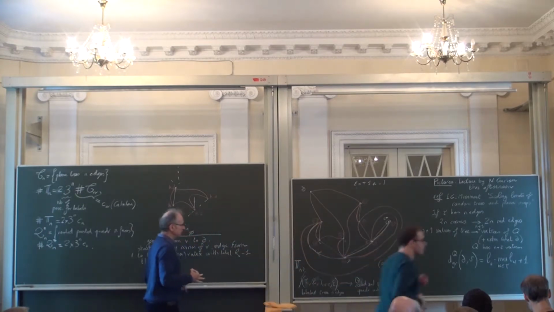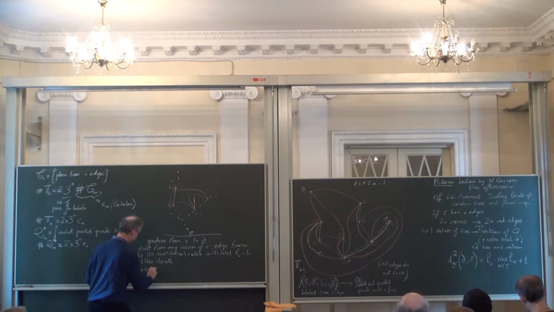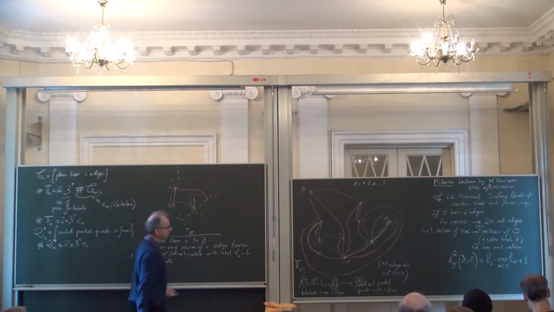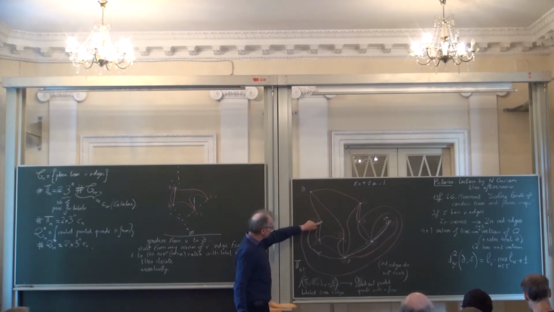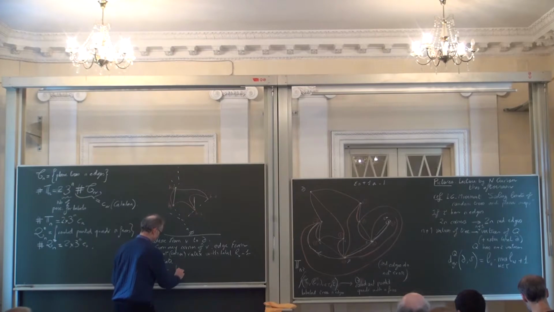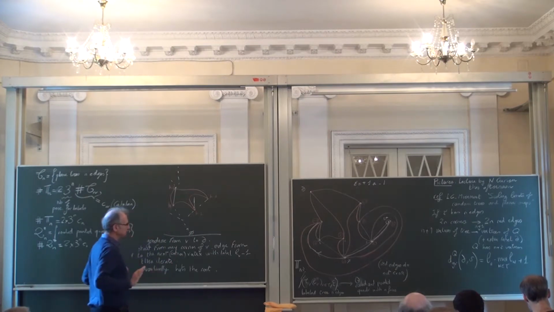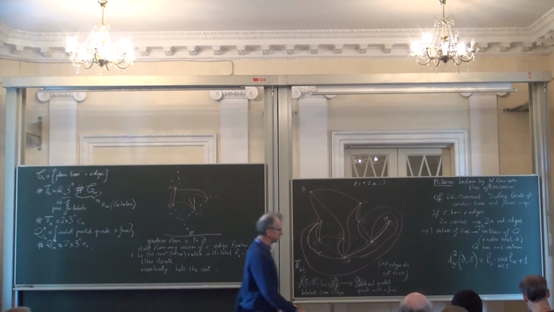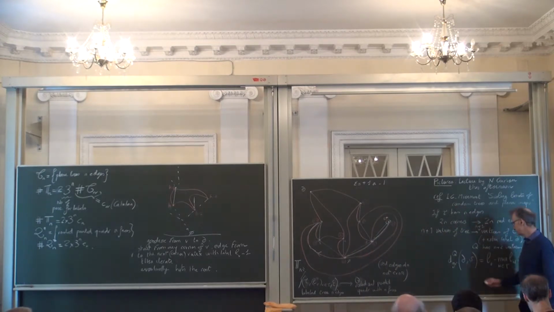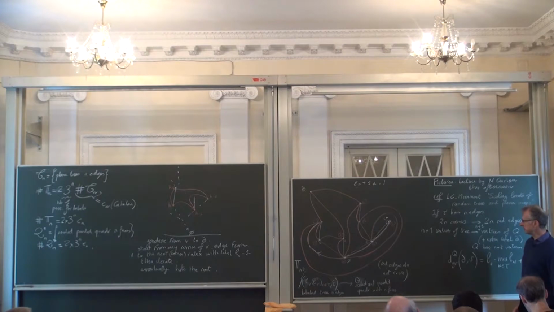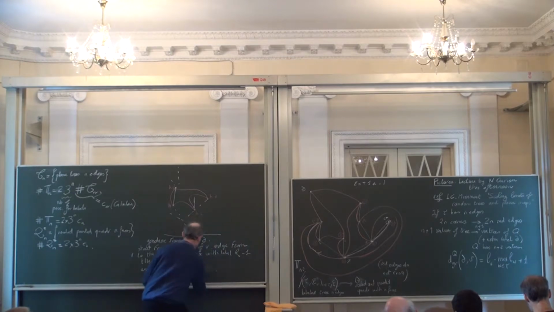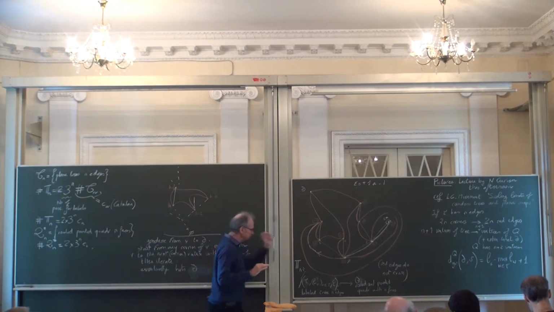And eventually I arrive at a corner with minimal label, because each time I decrease the label by 1, and this vertex with minimal label is connected to the extra vertex partial D. It's very easy to see that the length of the path that you get is equal to the distance between the vertex I started from and partial D. I should not say the root, since I prefer to call the root the root of the tree.